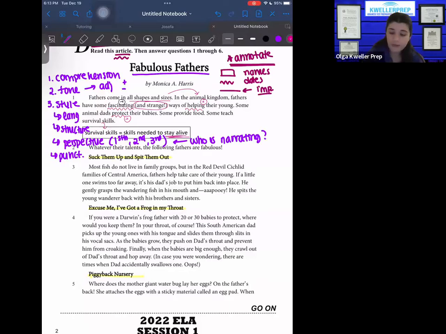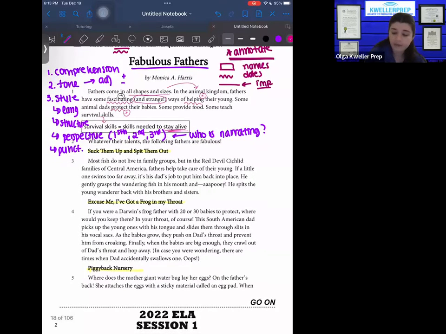And then we have "whatever their talents, the following fathers are fabulous." So again, a very positive remark and an exclamation point, which all gears us towards that positive tone. And then we understand that all the following are going to be examples of fabulous fathers. So all of this is an example of a fabulous father.